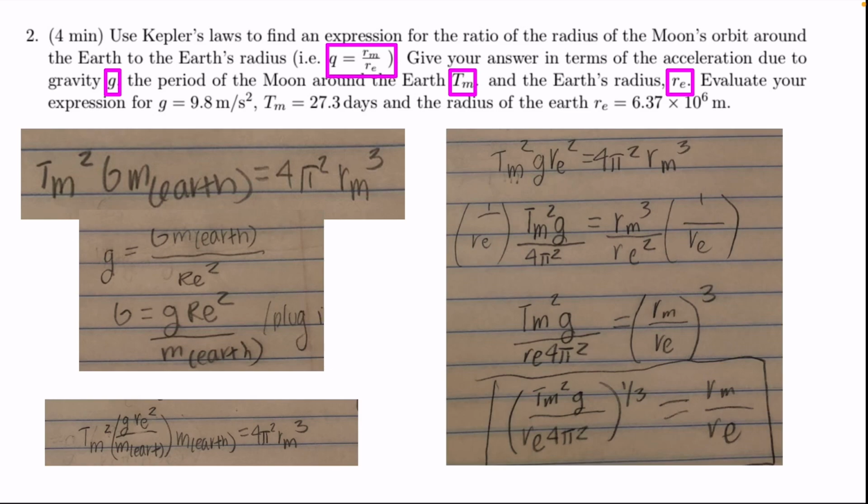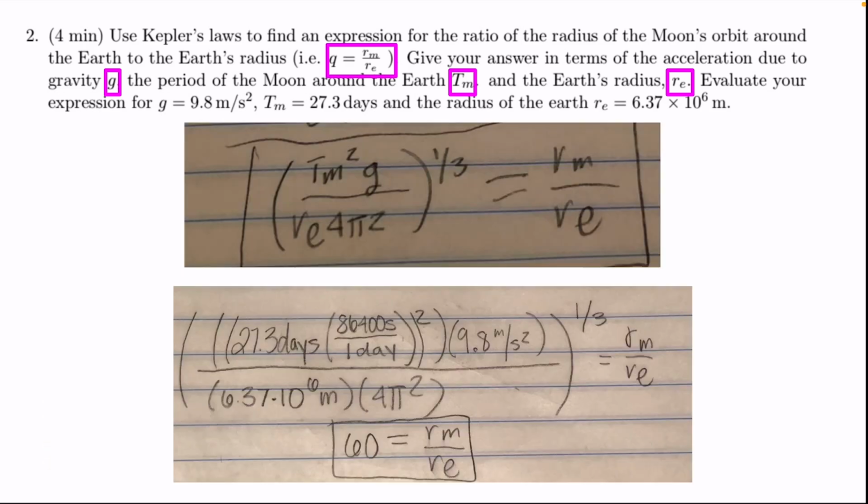So once you do that algebra, we're able to get R m over R e and factor out the cube. Then all we have to do is cube root the other side of that equation, leaving us with the expression for the relationship between the radii being the cube root of T sub m squared times g over R sub e 4 pi squared.